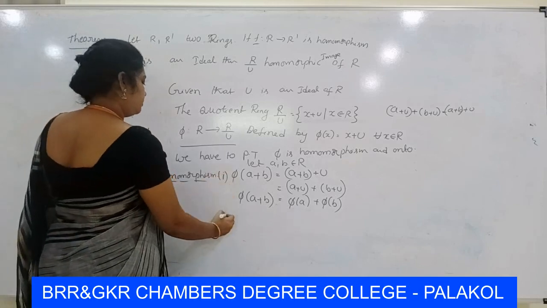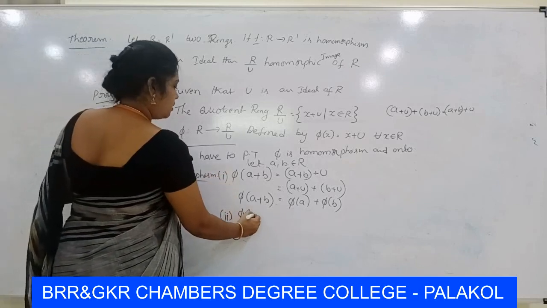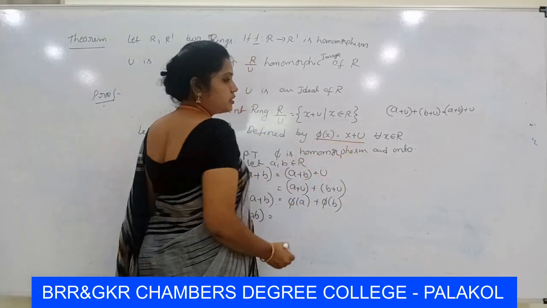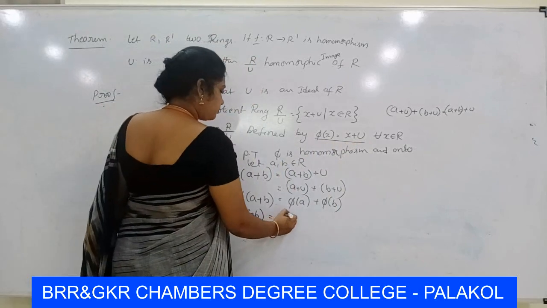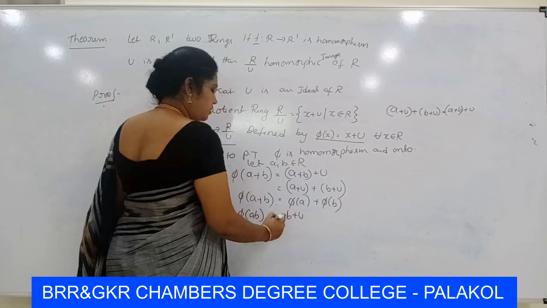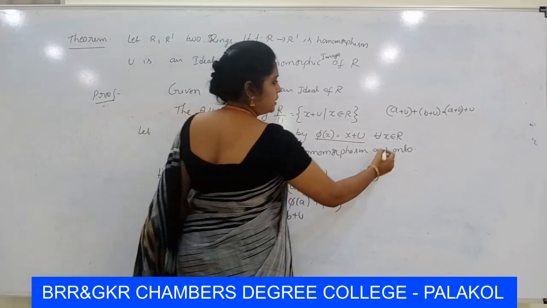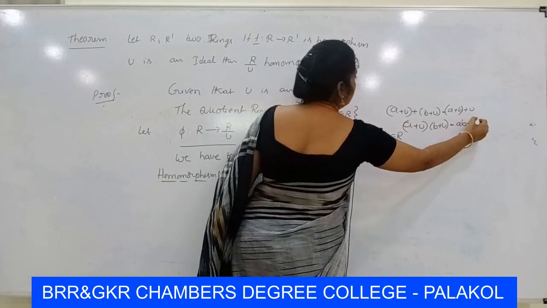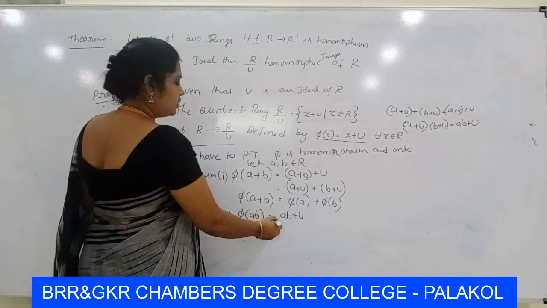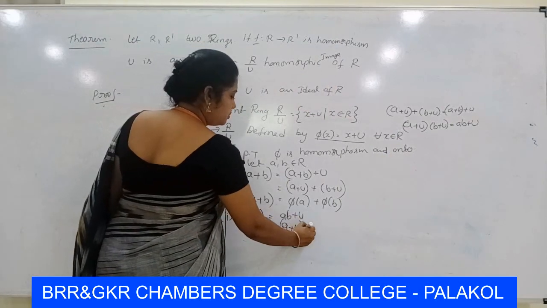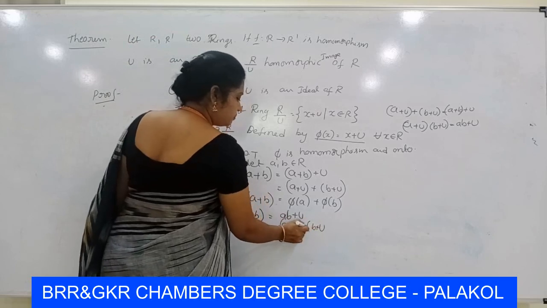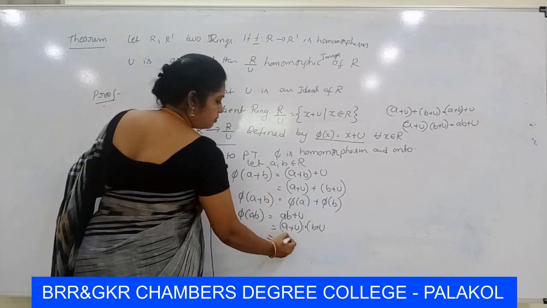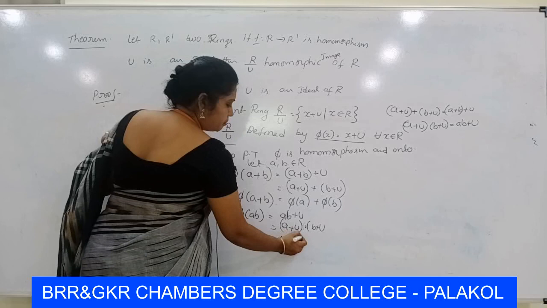Second condition is that pi of ab is equal to, by our mapping pi of x equal to x plus U, so we have ab plus U. By coset multiplication, a plus U into b plus U is equal to ab plus U. So this can also be written as a plus U into b plus U. Here a plus U is pi of a, and b plus U is pi of b.